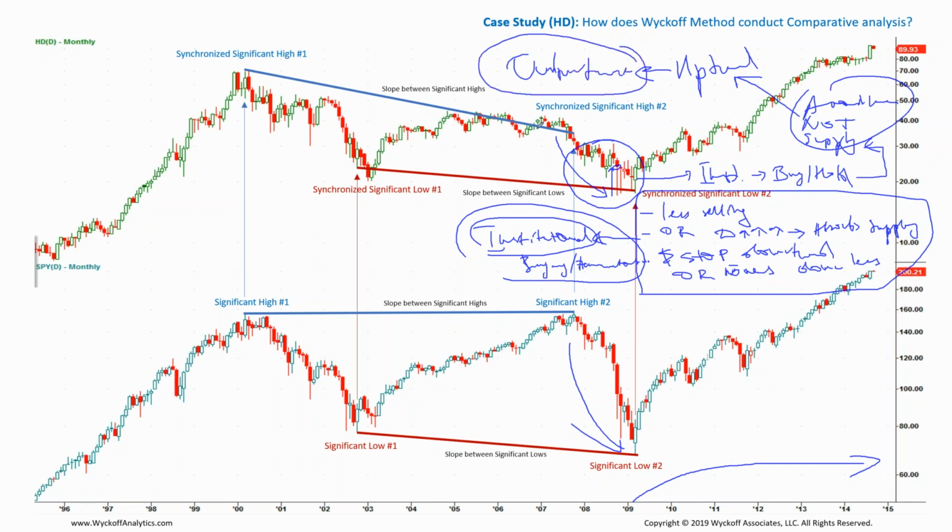Again, let me just go through the logic of why in the future it could outperform. We're seeing how the market moves down very rapidly in 2008. We don't see the same aggression in the price moving down in Home Depot in 2008. Instead, we're seeing a downtrend, but we see a lot of recoveries.